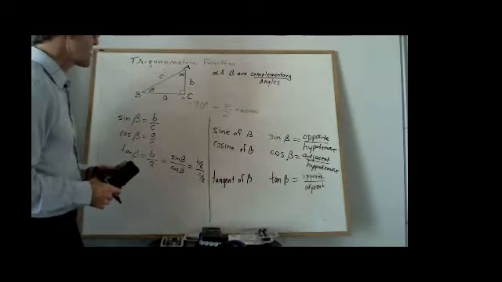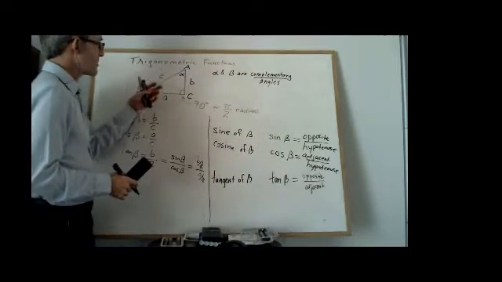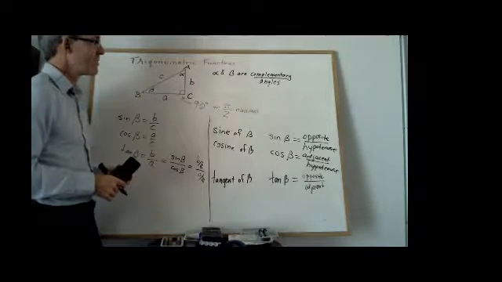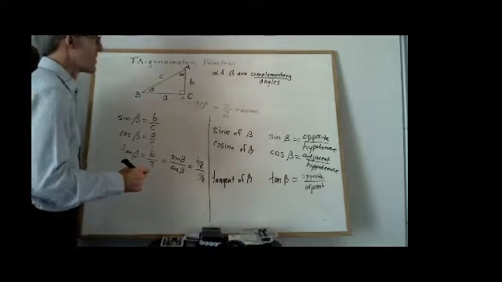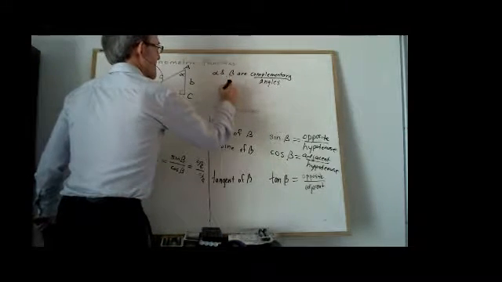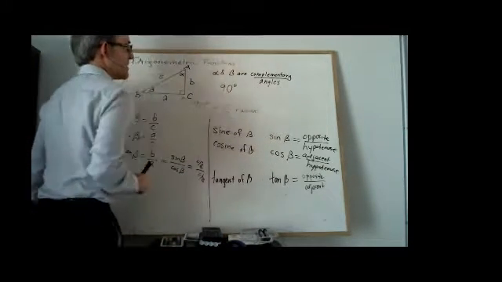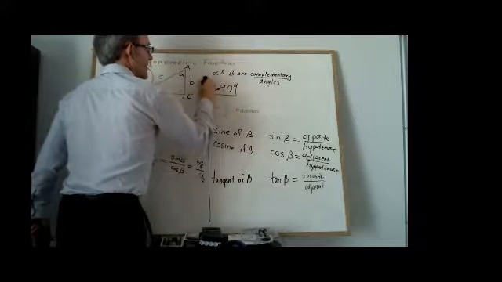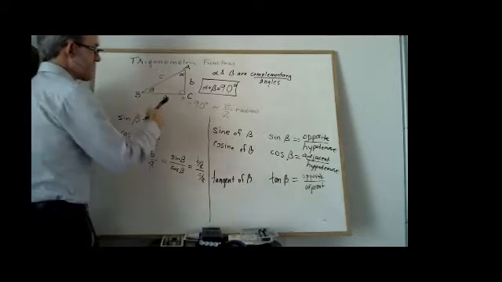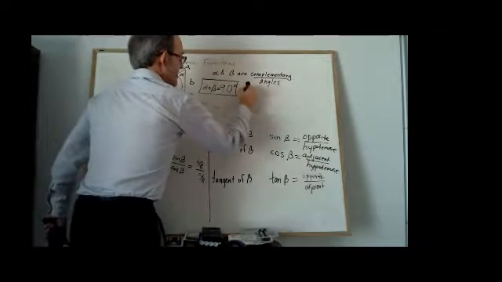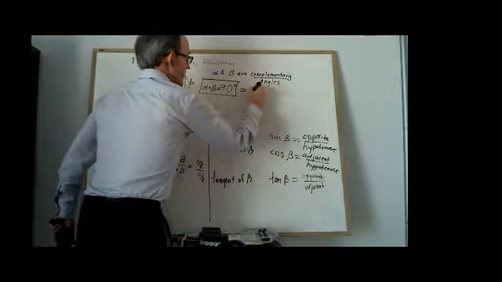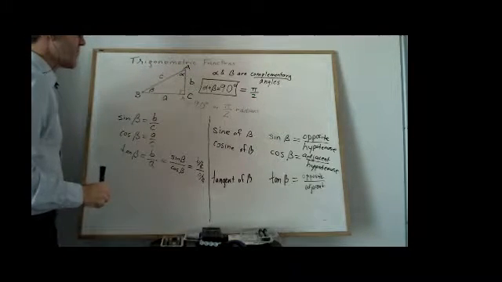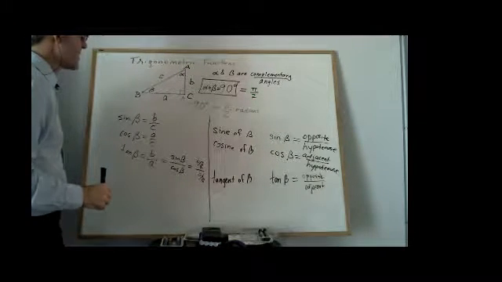In this case, alpha and beta are angles which add up to 90 degrees. That's the mathematical definition of complementary. Or in our case, we can write that in terms of radian angles. So alpha plus beta is pi over 2 radians.